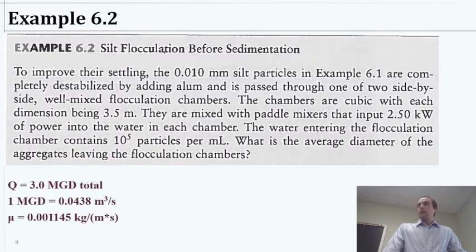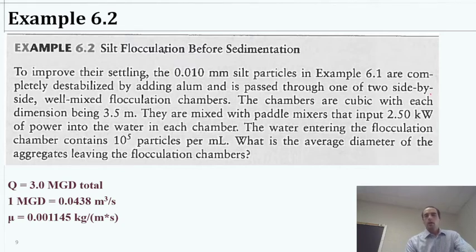Okay, so let's revisit the problem we did last time with the silt flocculation. So pretty much the same system here, but we have these 0.01 millimeter silt particles. They are completely destabilized.